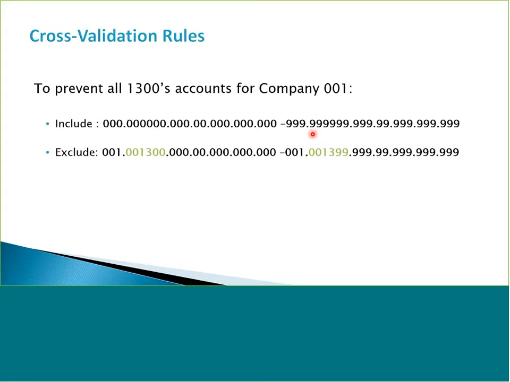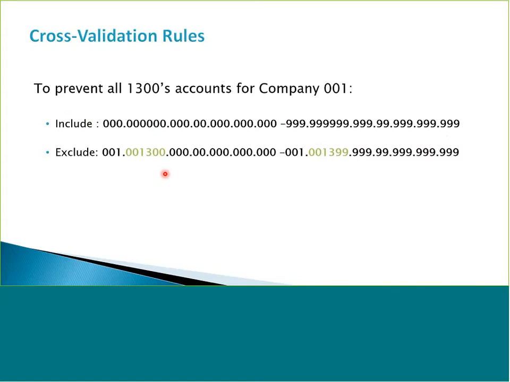And then now we go to the exclusion range. What does the exclusion range define? The exclusion range defines those range of account combinations that are invalid, that we don't want to enter the combination table.